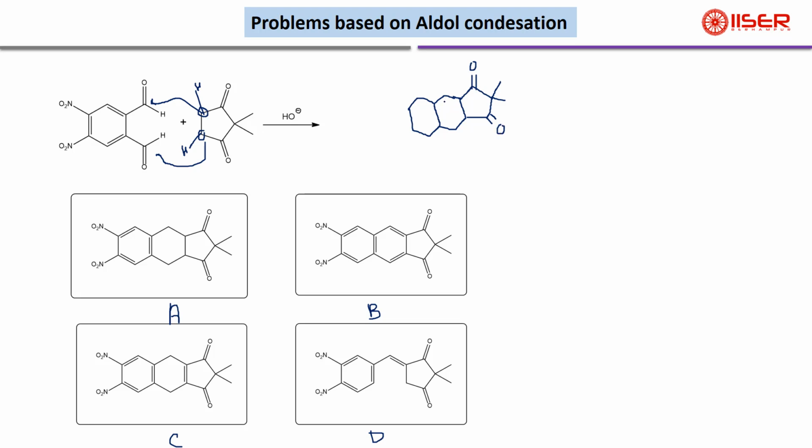So after elimination, there will be a wedge. After elimination of water, as there is another alpha hydrogen available, this will come here.